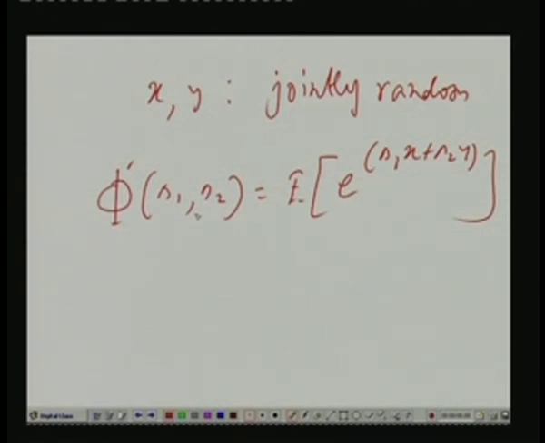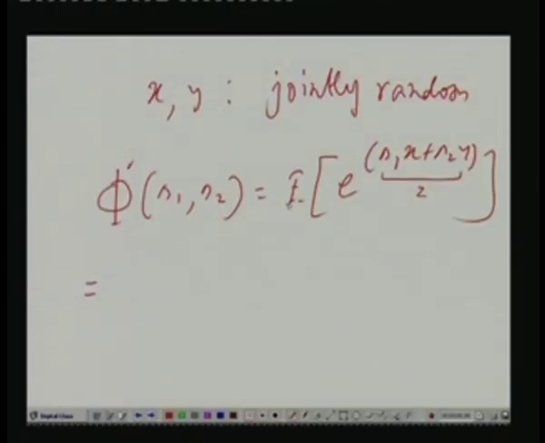To understand that, let us first do this. This is an exponential, right. So, S1x plus S2y, you can even call it z. So, e to the power z, you expand e to the power z into a power series. We all know what that power series is. There will be a summation of terms, an infinite summation actually, and the expectation is a linear operator. You can apply expectation on each of the terms in the summation separately, right.